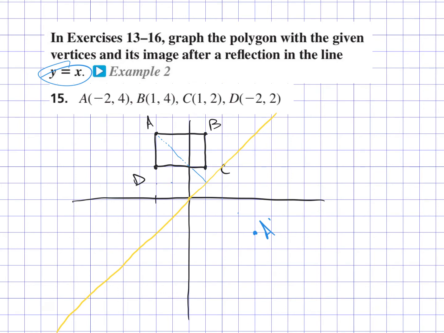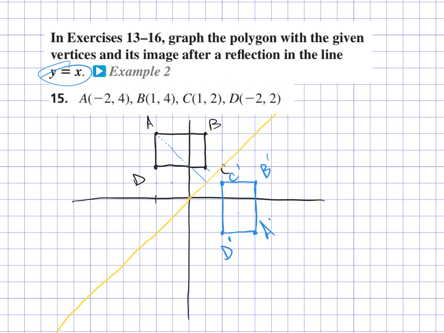D is 1, 2, so D prime is at 1, 2 on the other side. And C is 1/2, so C prime is right here. And B is 1.5, so 1.5. And notice that everything has been flipped around.